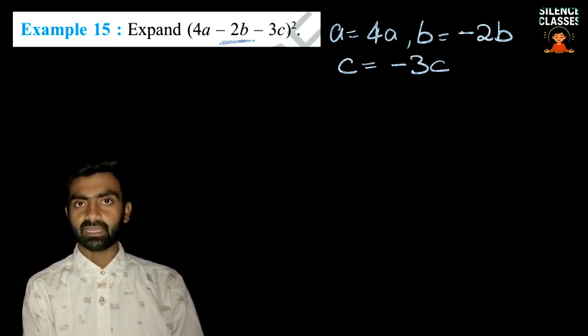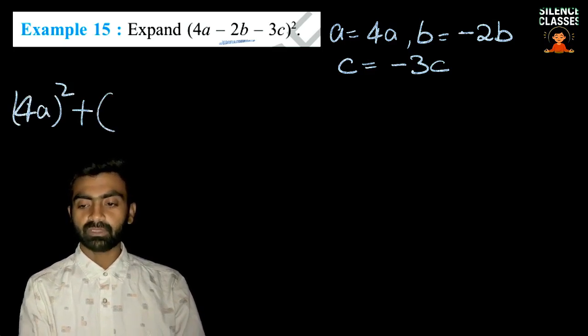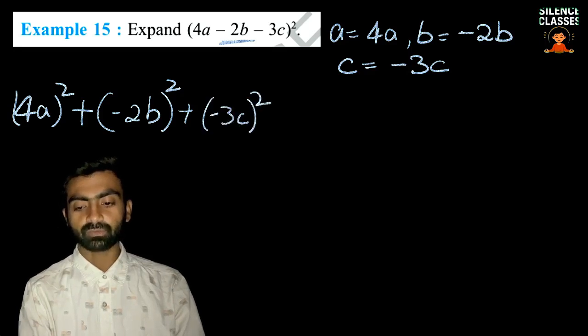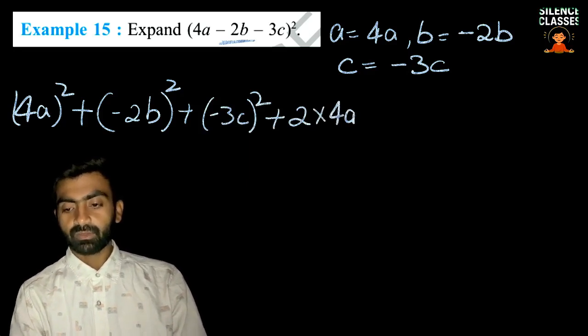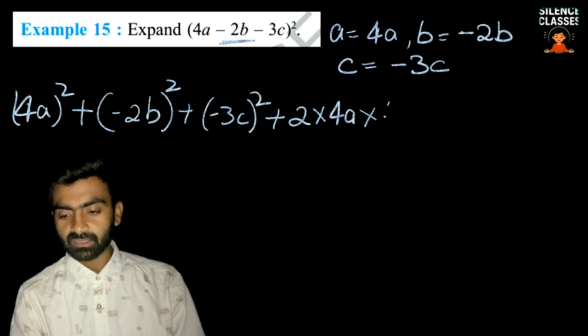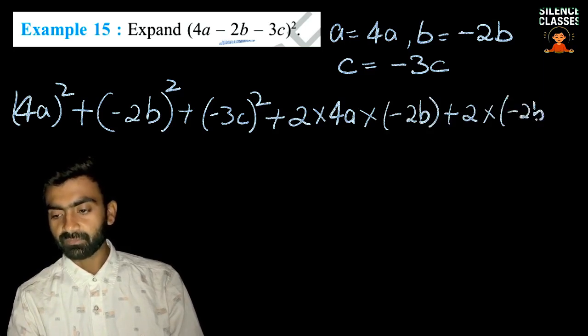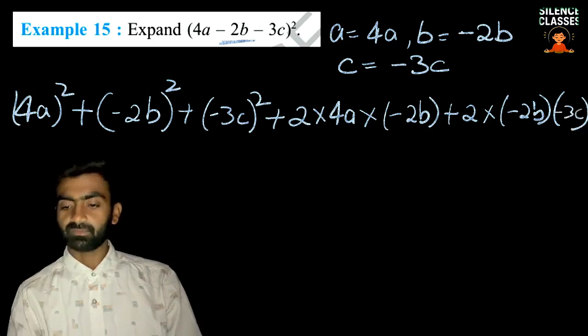Now I will expand it. a square means (4a) square, plus b square means (minus 2b) whole square, plus c square means (minus 3c) whole square, plus 2 multiplied by 4a multiplied by minus 2b, plus 2 multiplied by minus 2b multiplied by minus 3c.